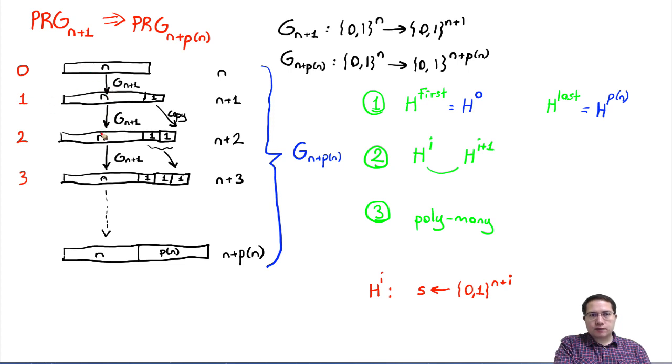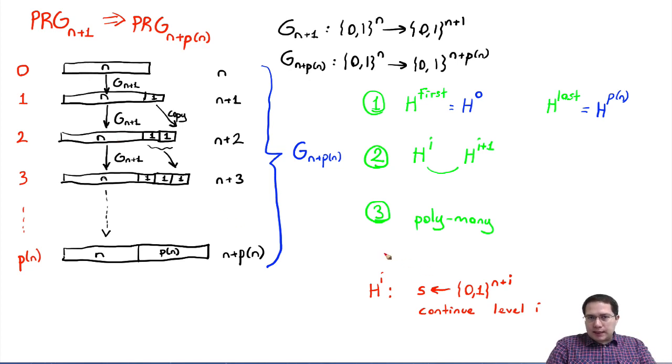If I run it twice from the beginning, second level. 3 times from the beginning, third level, etc. So the last level would be Pnth level. So hybrid I says pick some random S that is n plus I bits, and then continue this construction from level I. So start at level I and continue there.